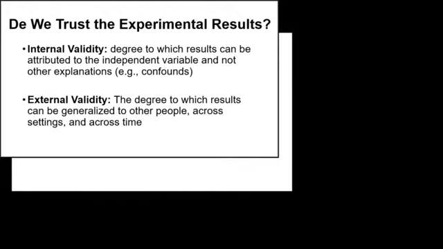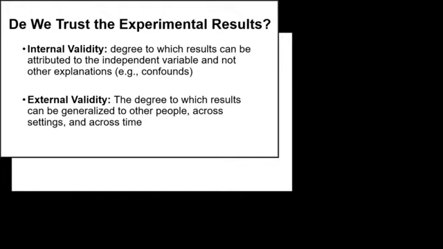We've already kind of started a conversation about external validity, and this is the degree to which results can be generalized to other people across settings. When we were talking about choosing a representative sample, that was describing a situation of external validity.